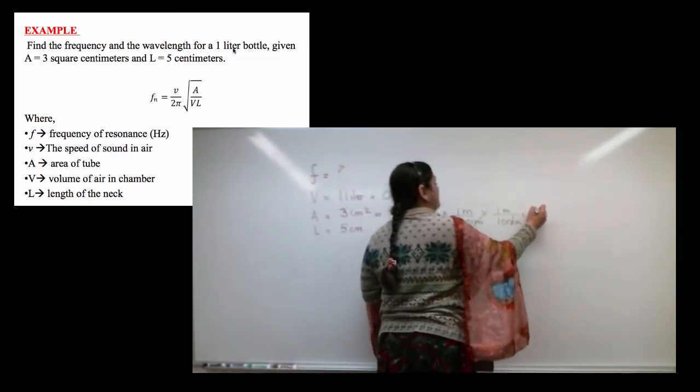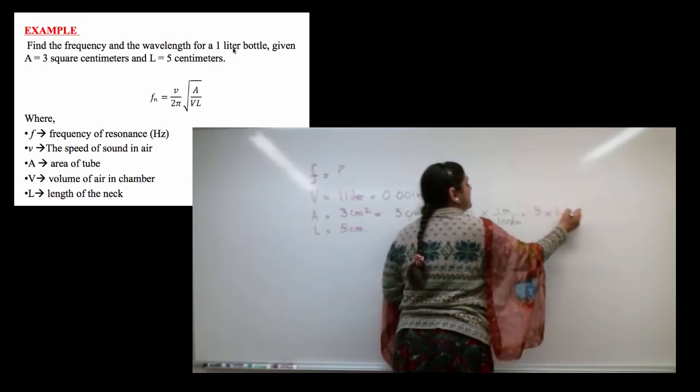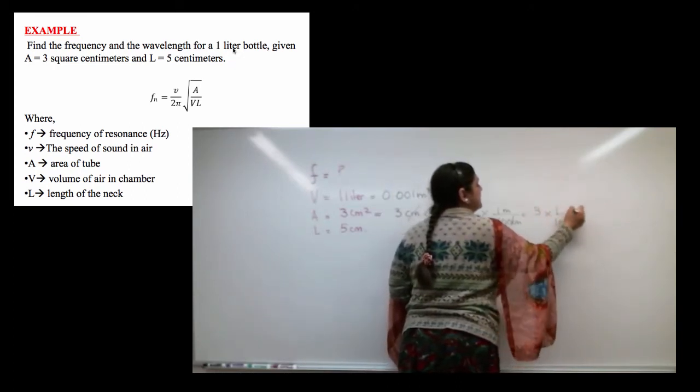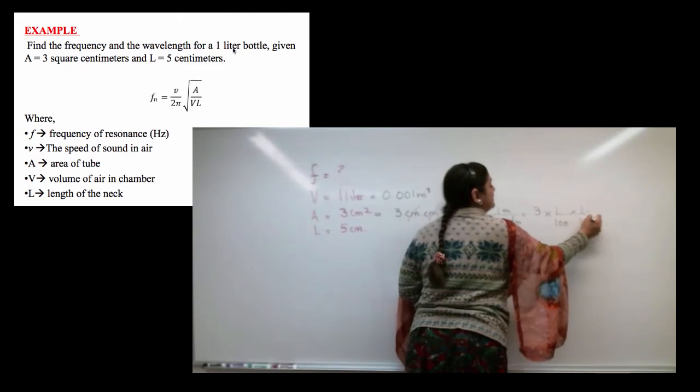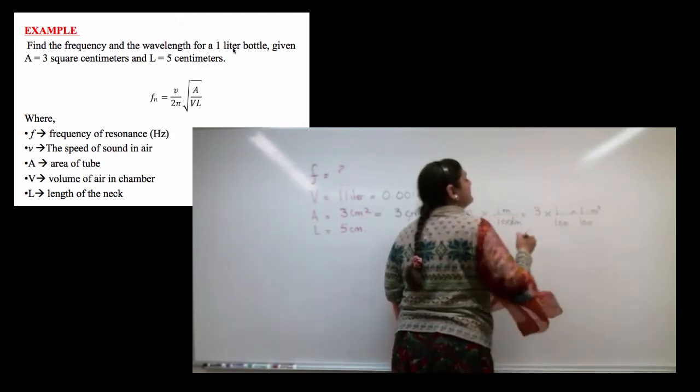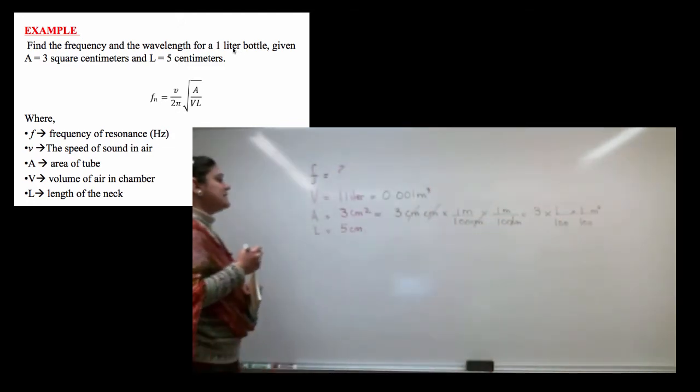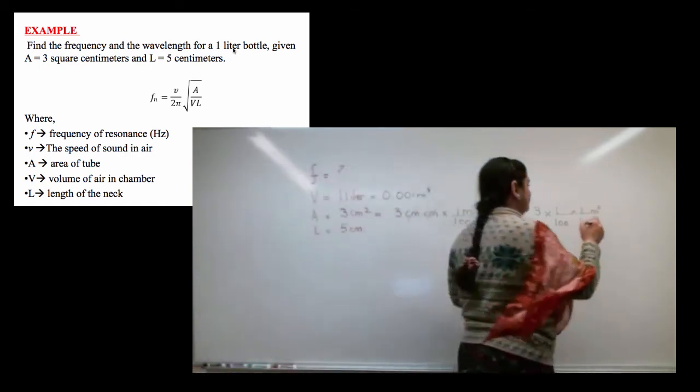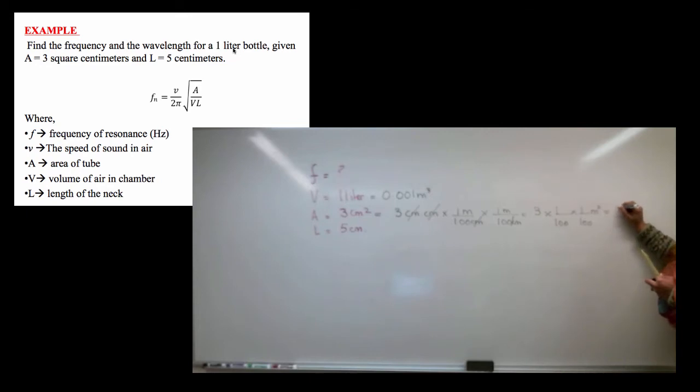I get 3 times 1 over 100 times 1 over 100 meters squared. So in fact, the area now will be given as 0.0003 meters squared. You should plug this into your calculators and try to figure out the correct answer.